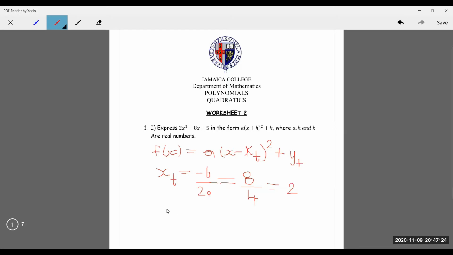Now after we find xt, we need to find yt. Remember that coordinates occur in pairs, an x value and a y value.